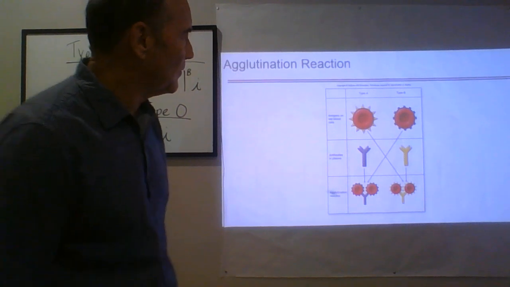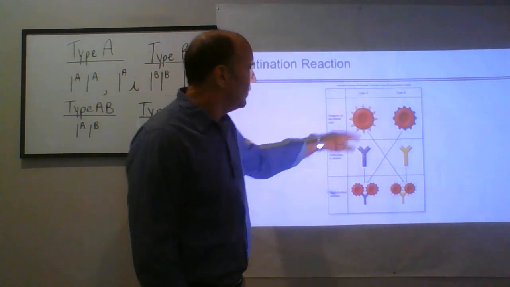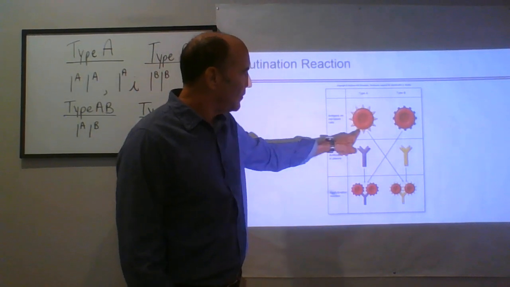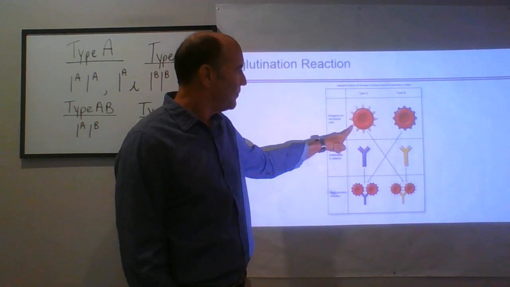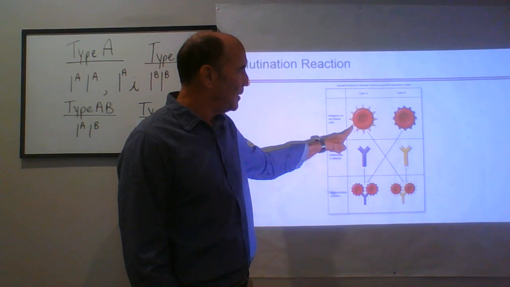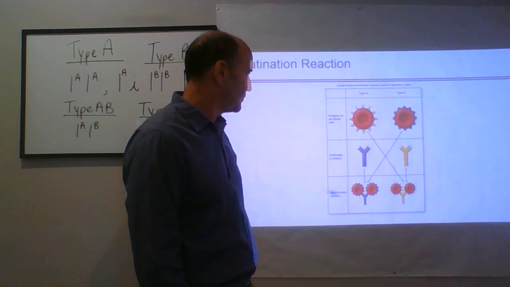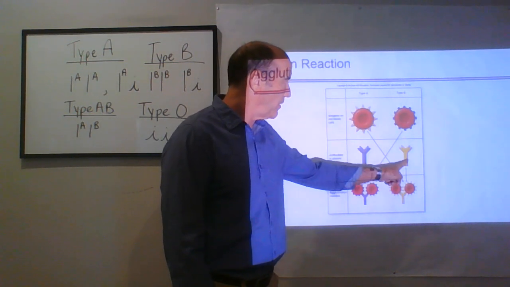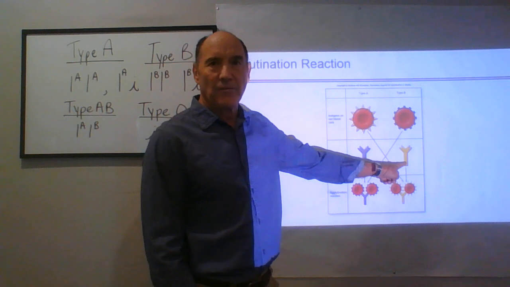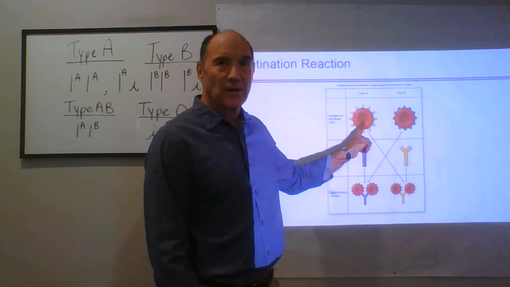Now, here's what I was saying. If you were type A blood, there's the A antigen on the surface, and you were given type B blood. They have the antibody for type A antigens, right?